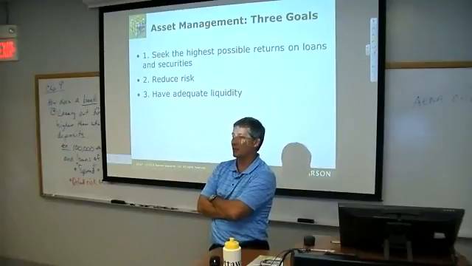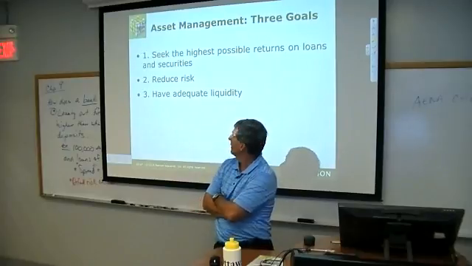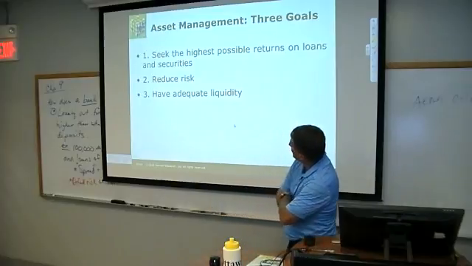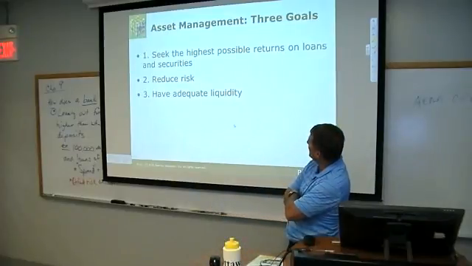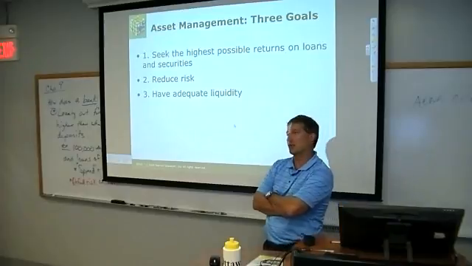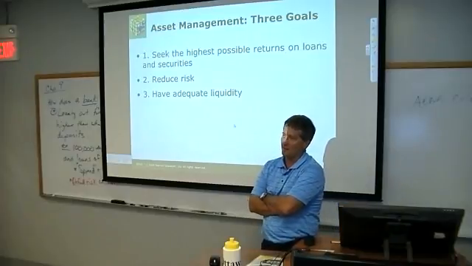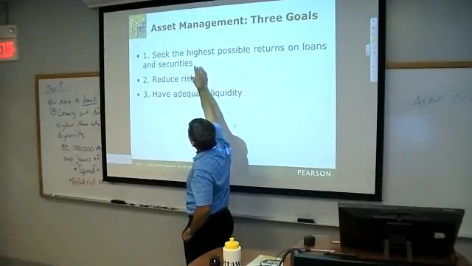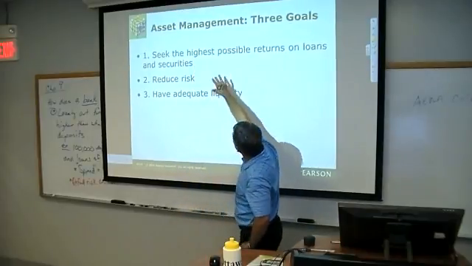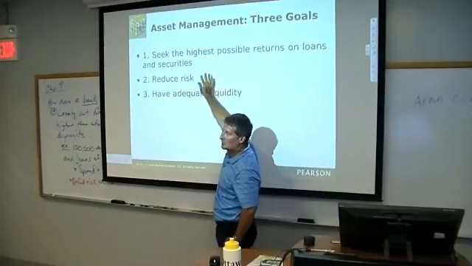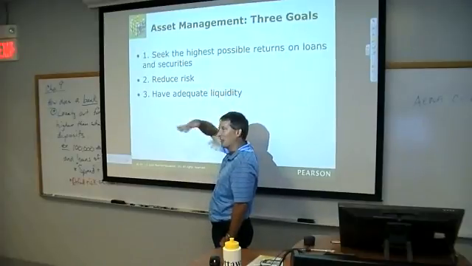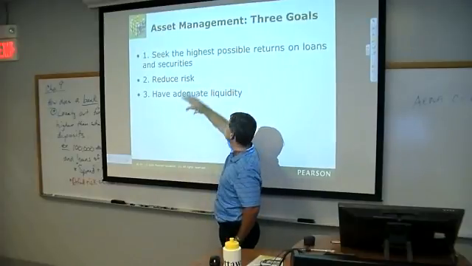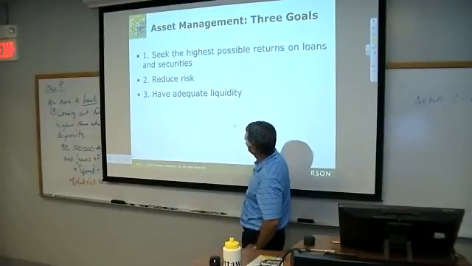Yeah, they kind of contradict, right? So there's trade-offs with each one. If we go for higher returns, what do higher returns usually come with? More risk. So those are competing with each other. So we might be better saying seek the highest possible returns for a given level of risk. You know, that you're always seeking those higher returns.